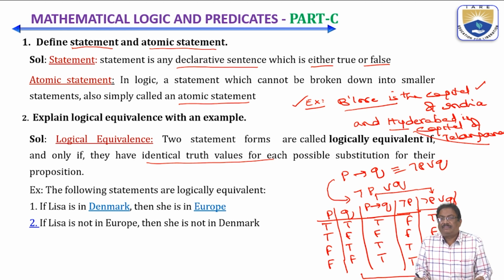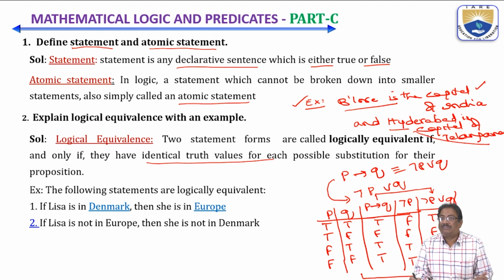Or we consider another example. If Lisa is in Denmark, then she is in Europe. And if Lisa is not in Europe, then she is not in Denmark. Like this also we can say that when we take one compound proposition, apply rules of logic, and derive another one, then the derived one and the given statement are both logically equivalent.